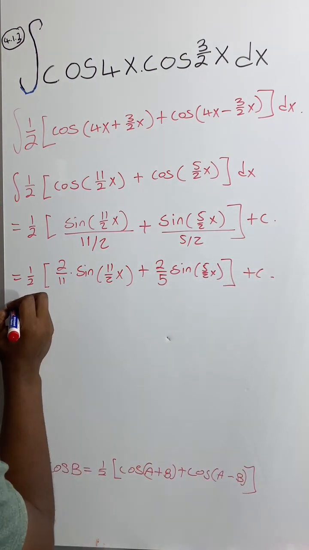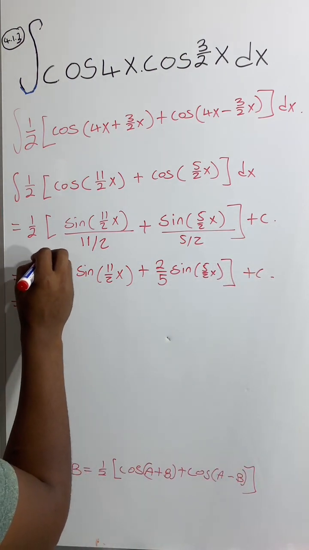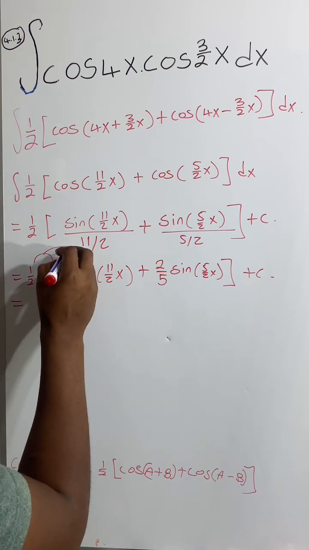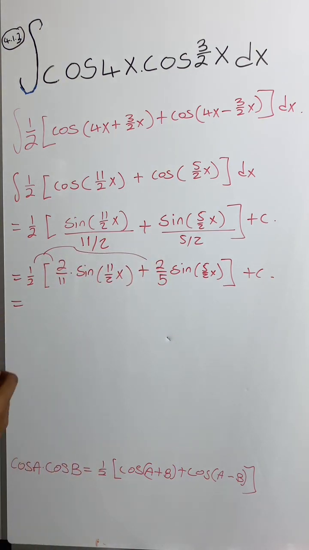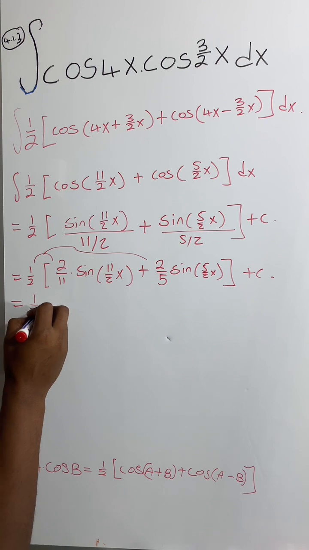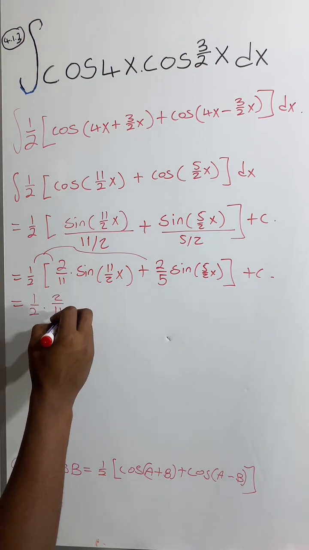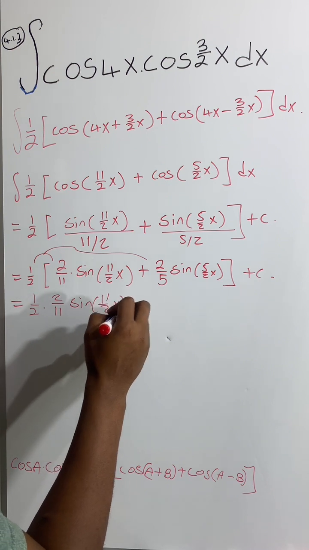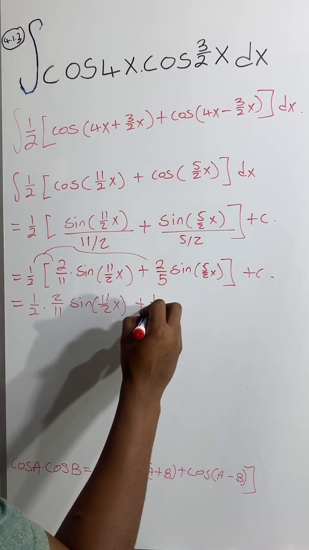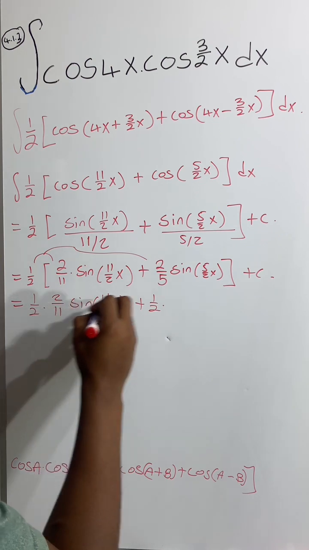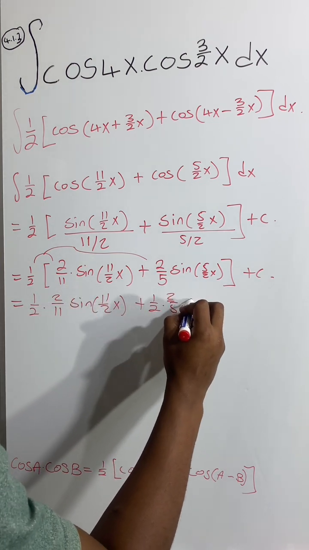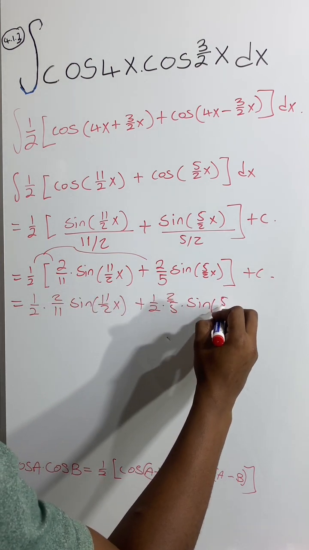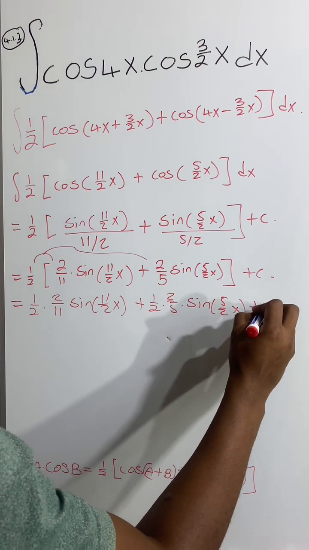plus c. We multiply inside our parenthesis with that 1 over 2, so we'll have 1 over 2 multiplied by 2 over 11 sine of 11 over 2x, plus 1 over 2 multiplied by 2 over 5 sine of 5 over 2x, plus c.